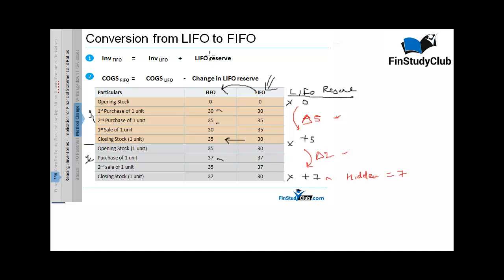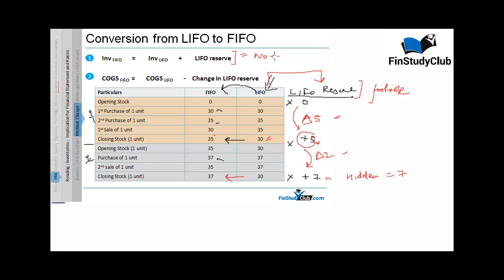Okay, now coming back to these formulas, at any point in time, if I am given the figures for LIFO and I am given the values of LIFO reserve, obviously in the footnotes I can convert these figures into first in first out. How do I do that? The total value of 5, which is the cumulative point here, needs to be added to the LIFO inventory to be able to get to the FIFO value. Obviously that's fairly commonsensical.